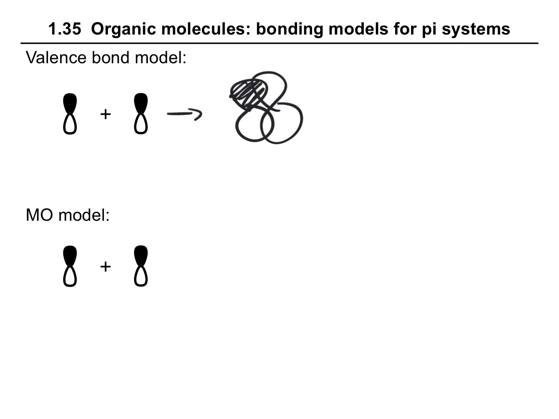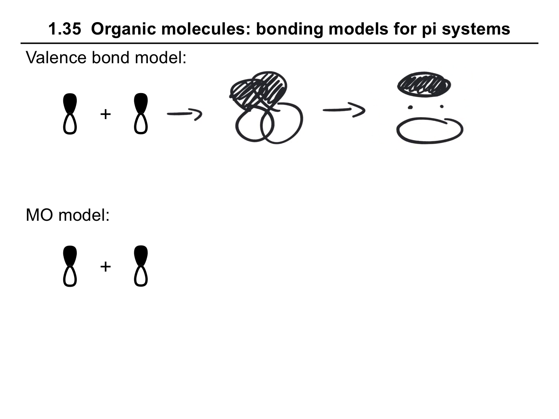And let's say that these are both in phase, so now our orbitals are overlapped with each other, and so this results in a pi bond. So once again, we have our orbitals that overlap, forming a new orbital.